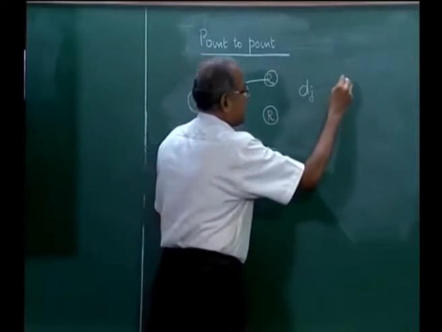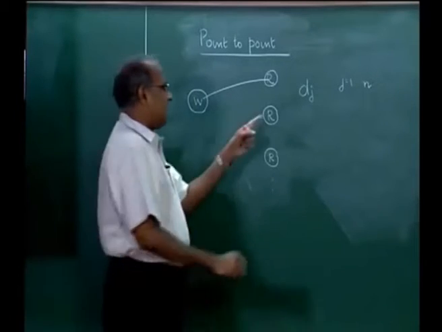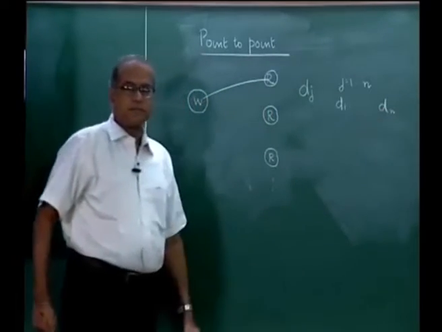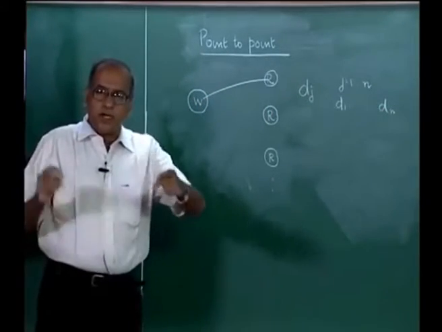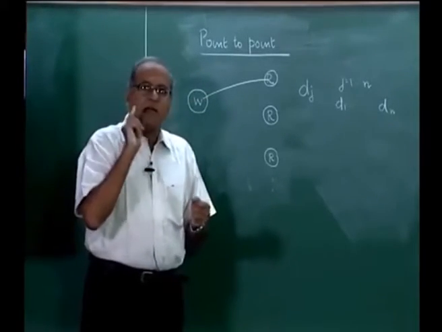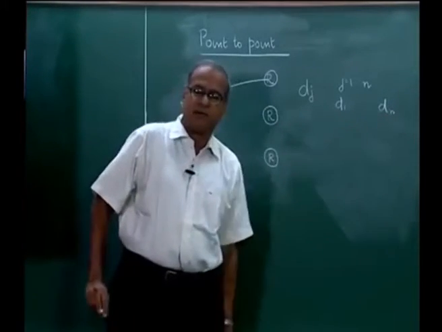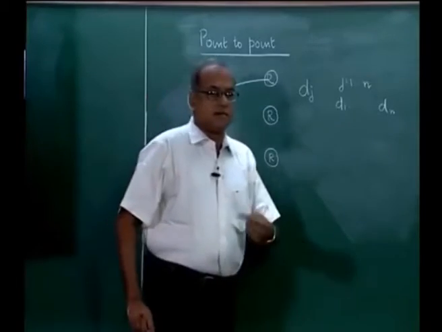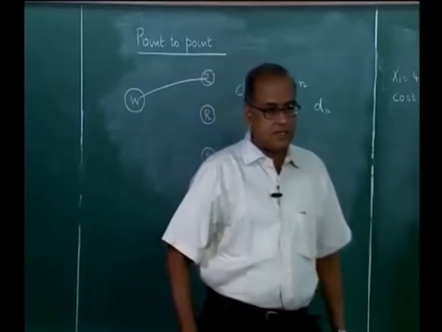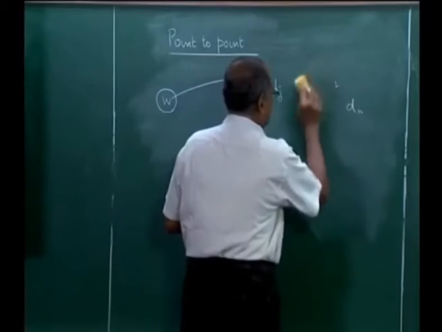Now, if there are j equal to 1 to n retailers, we will have dj values d1 to dn. If a single truck has to do it, the total time required is the sum of d1 to dn. Using this notation, we would call this time t1 to tn.